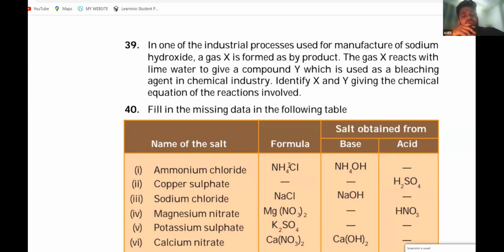Okay, do this one. In one of the industrial processes used for manufacture of sodium hydroxide, a gas X is formed as a byproduct. The gas X reacts with lime water to give a compound Y, which is used as a bleaching agent. Find out X and Y, which we have discussed. Tell me.